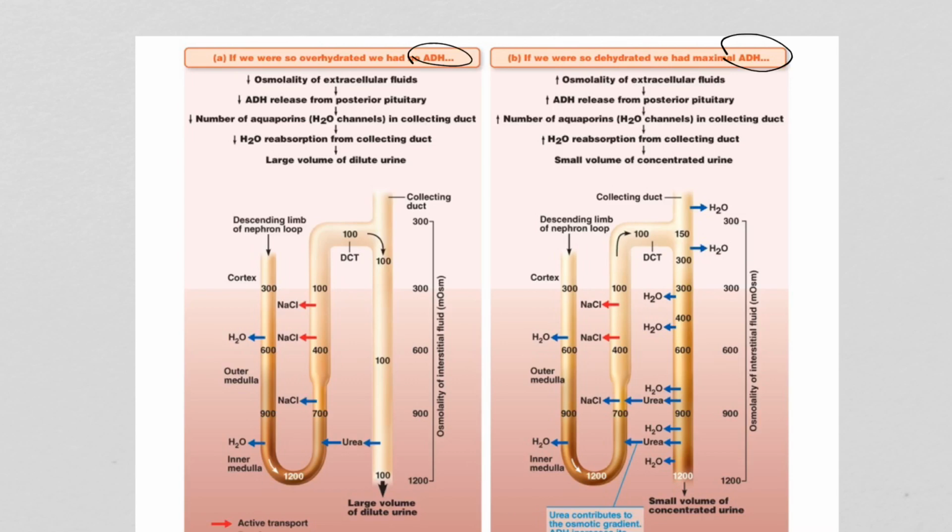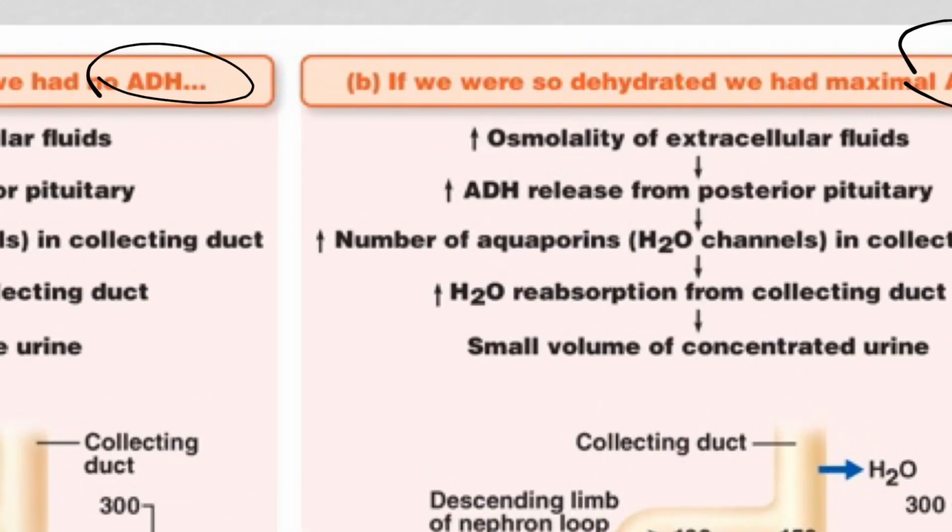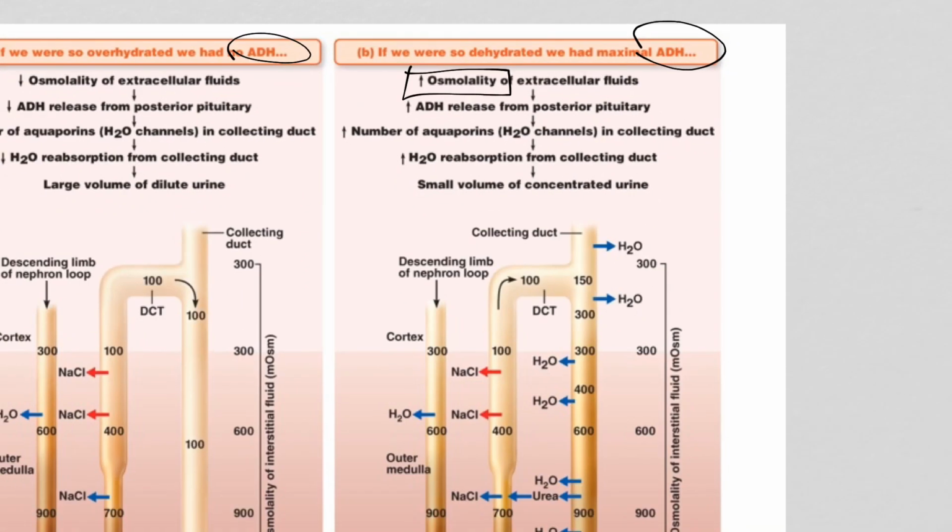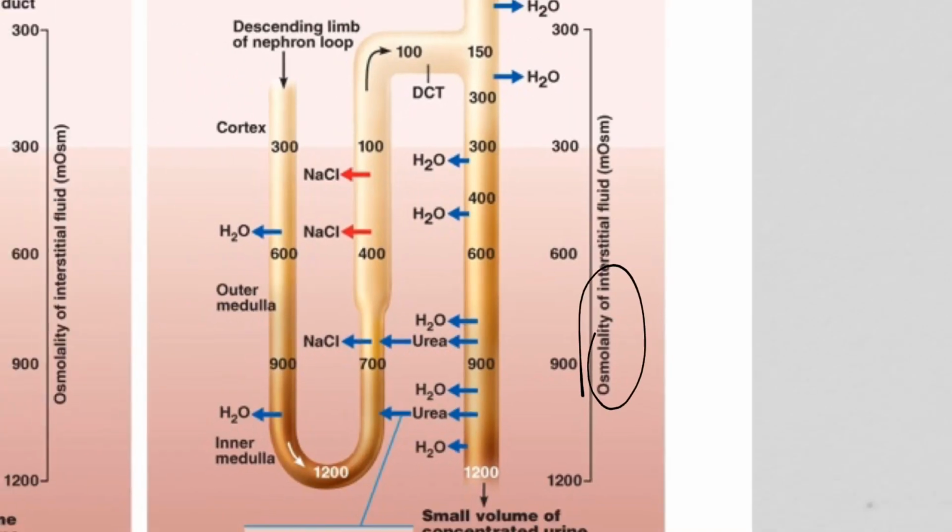And remember, concentrations have two parts. This is considering how much water you have and also how much dissolved stuff you have. It's easy to say salts, but it's not technically all salt. A lot of it is sodium, but there are other minerals. There's urea, there's uric acid, there's metabolic wastes. This term osmolality, right, which is also the scale, these numbers that you see written all over, those are milliosmoles.